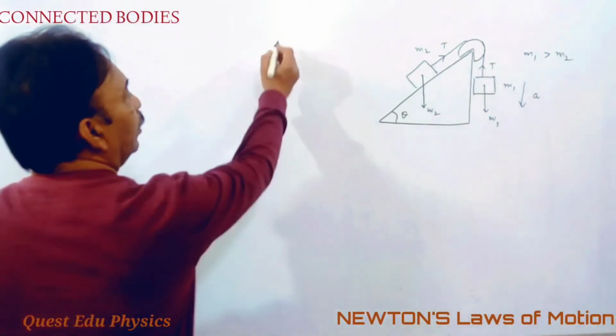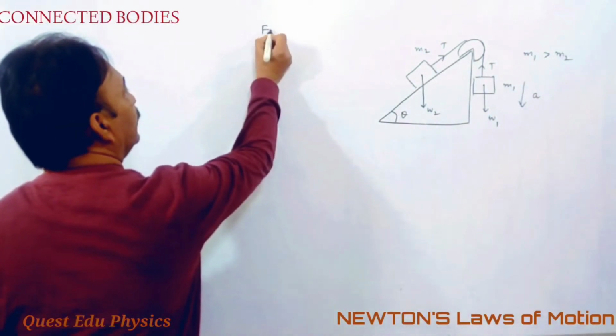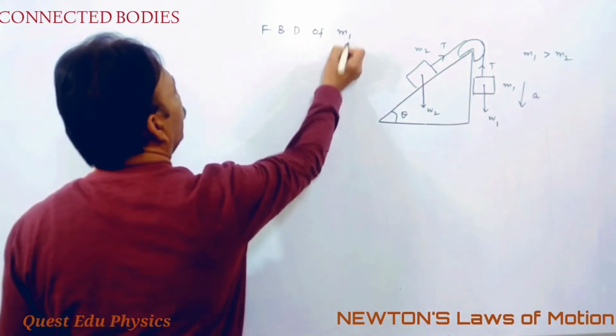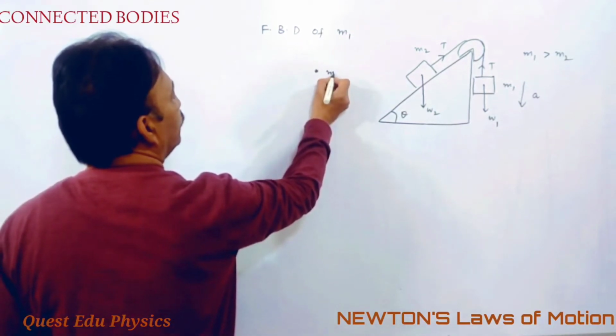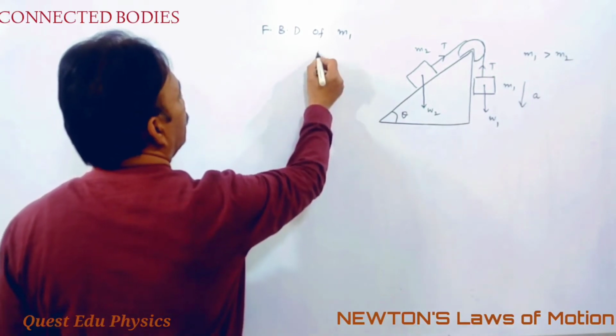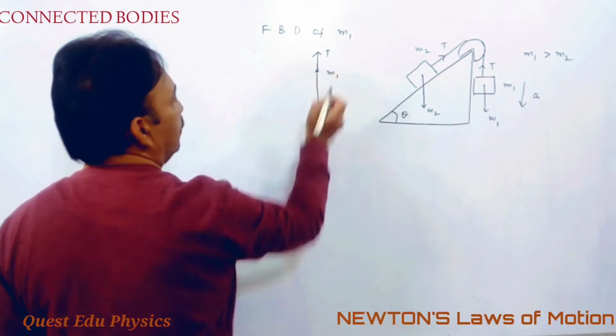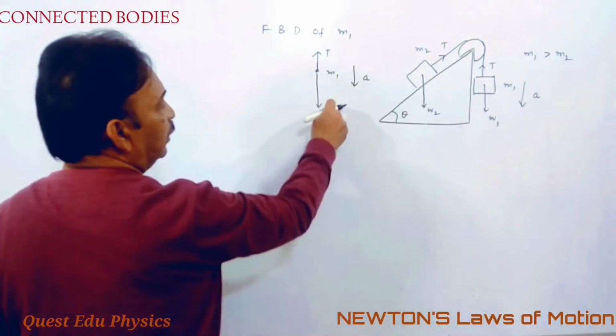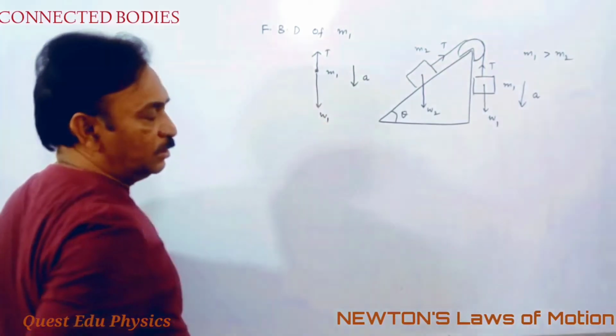FBD of M1. Okay, it's the point mass M1 and it is the weight of the body and it's the tension in the string. We said it is coming down, means the weight of the body is more than the tension.